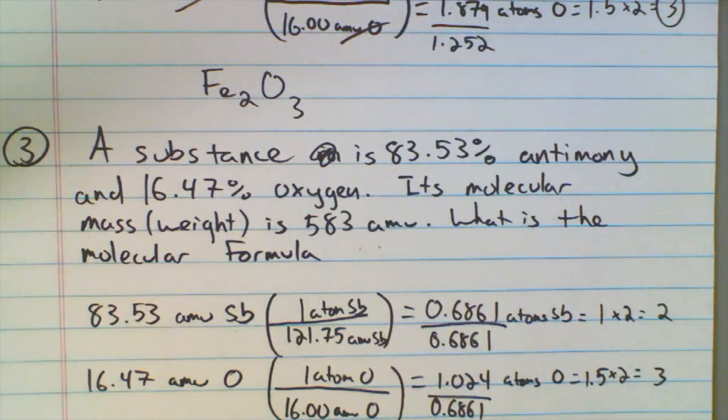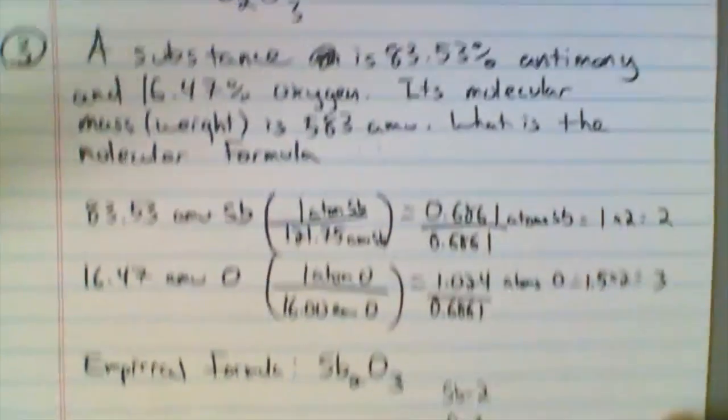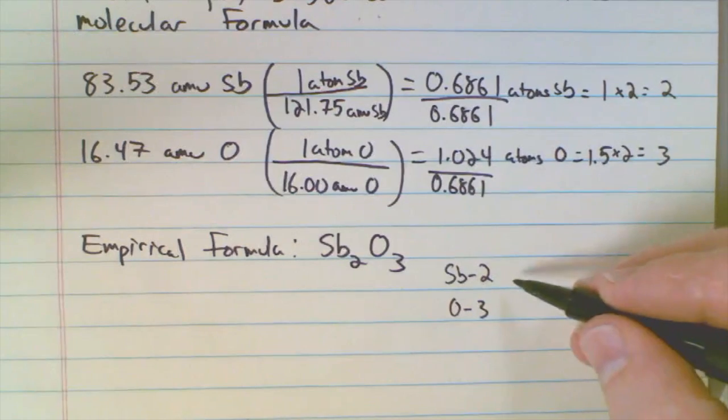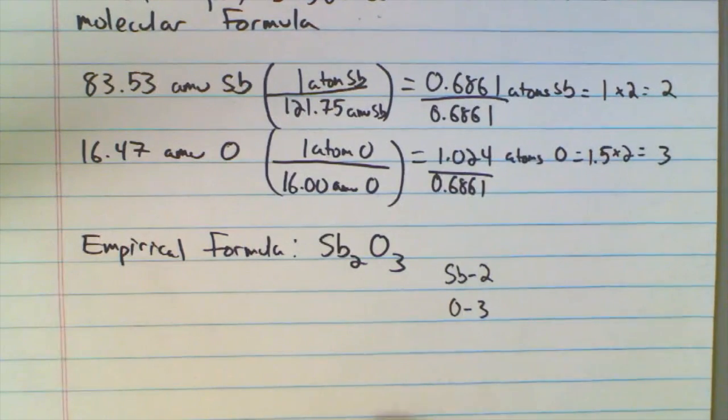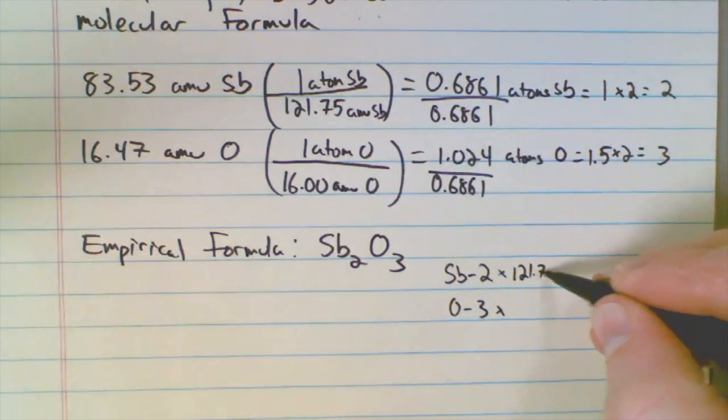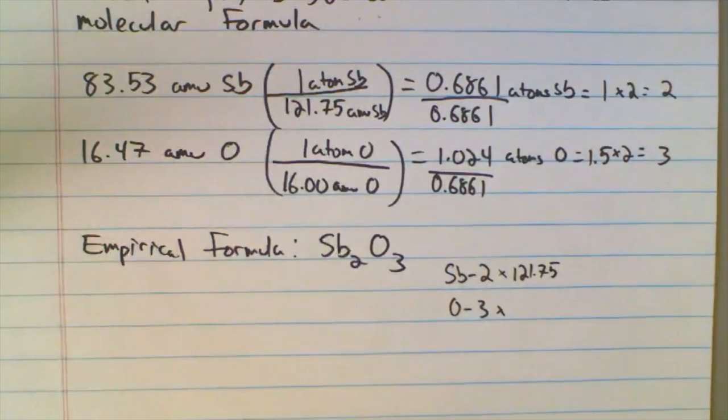You add them all up. So we got Sb2O3, and what are we going to multiply these by? Their atomic masses. We already looked those up, so that's nice and convenient. We have them up above.